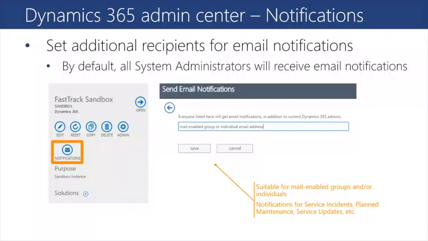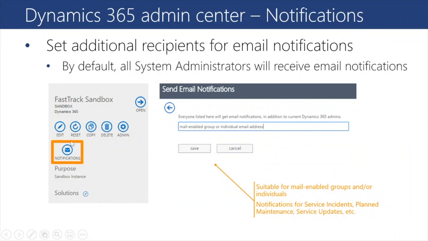And as discussed previously, by default, we send notification emails for service instance, plant maintenance, or service updates to system administrators defined in Dynamics 365. But in some cases, you may want to include any other members as well, right? This is where you define those.